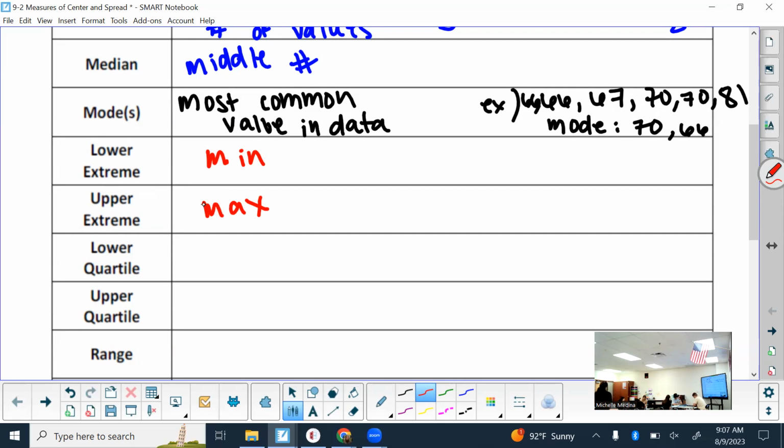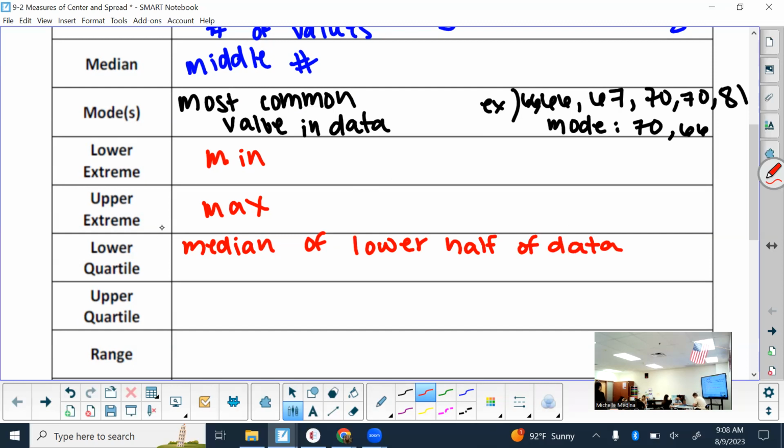All right, lower quartile, what do you think that's talking about that we've already talked about? So it's the median of your lower half of data. The median of your lower half of data.